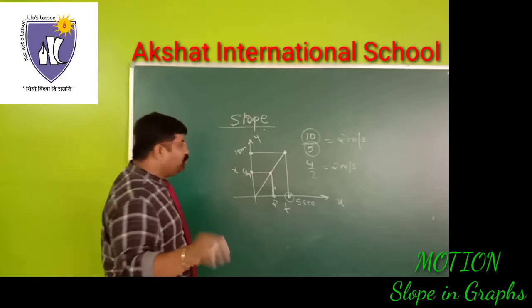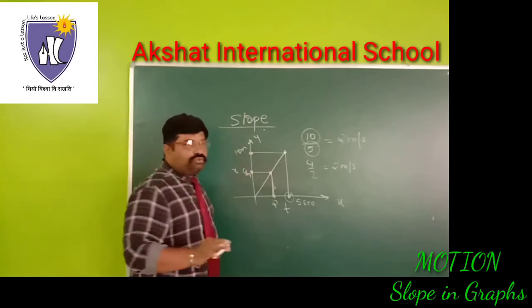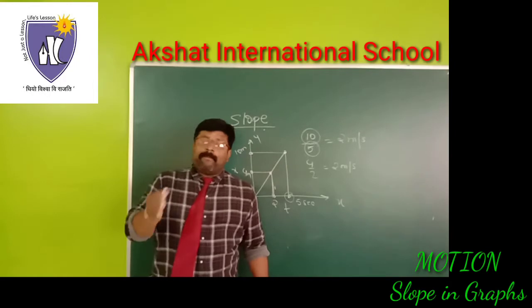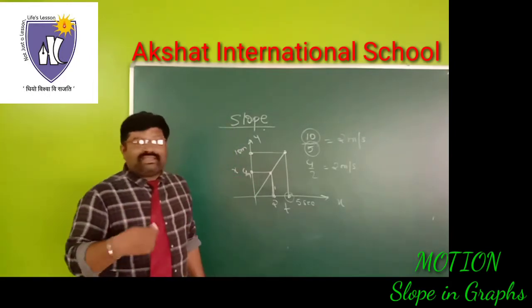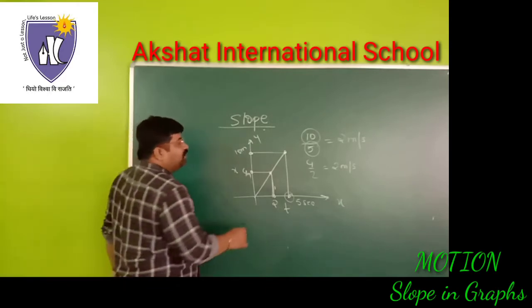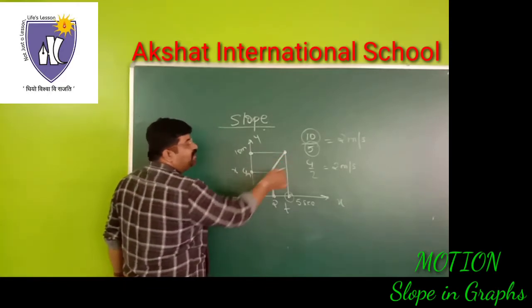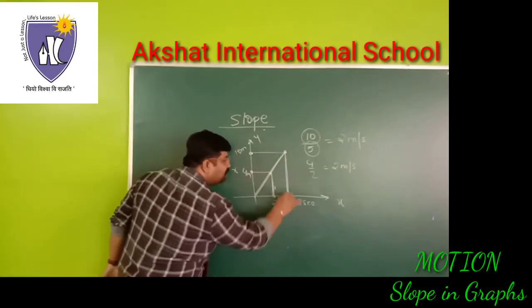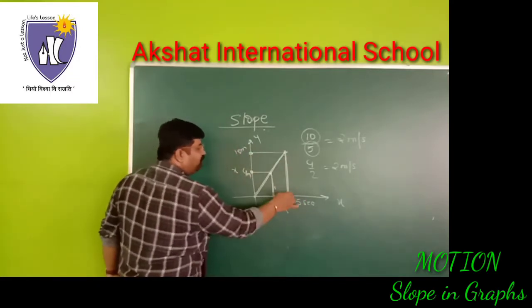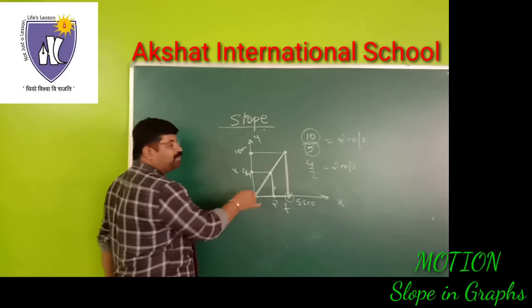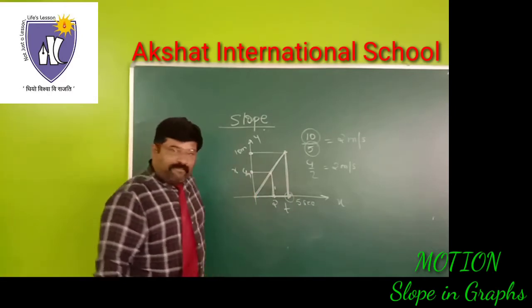I am not explaining that this graph represents uniform motion, but instead we are discussing how we can compare the speeds. That means this slope actually represents the speed. This part represents distance, and this represents time.